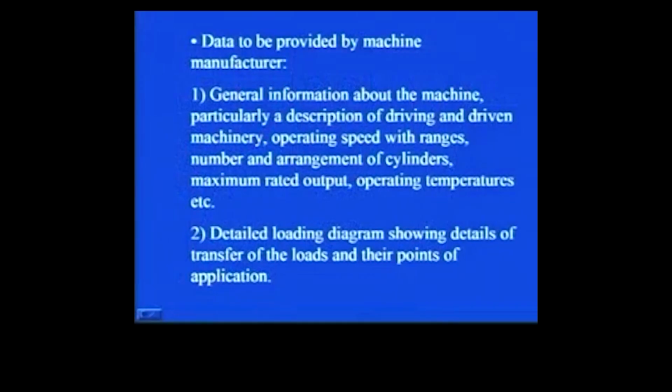Data to be provided by the machine manufacturer: the first one is general information about the machine, particularly a description of driving and driven machinery, operating speed with ranges, number and arrangement of cylinders, maximum rated output, operating temperatures, etc. These are the data which the manufacturer keeps in mind when the machine is being constructed, and these data are to be provided by the manufacturer of the machine.